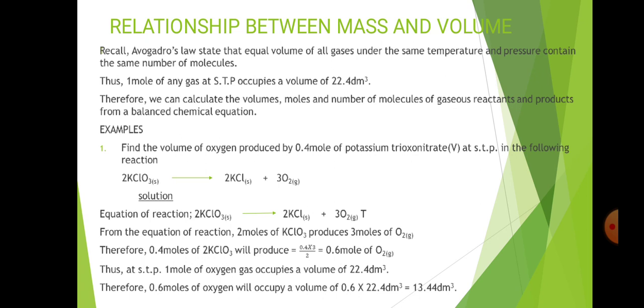In the equation of reaction, we are having 2 moles of potassium trioxochlorate V decomposing to give 2 moles of potassium chloride and 3 moles of oxygen. I repeat again, 2 moles of potassium trioxochlorate V decomposing to give 2 moles of potassium chloride and 3 moles of oxygen.